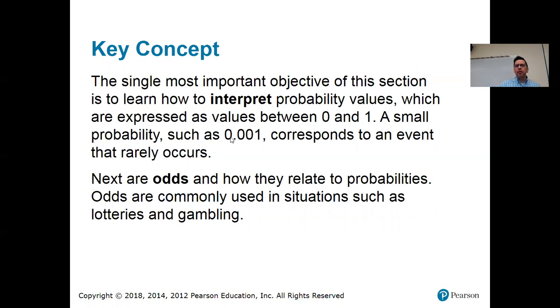So if you see a number like 0.001, that means something that is pretty unlikely to happen, like 1 chance in 1,000. Later on, we'll talk about odds and how they relate to probabilities. Any of you who like to go to Vegas or to the horse track, they usually express their probabilities in terms of odds.